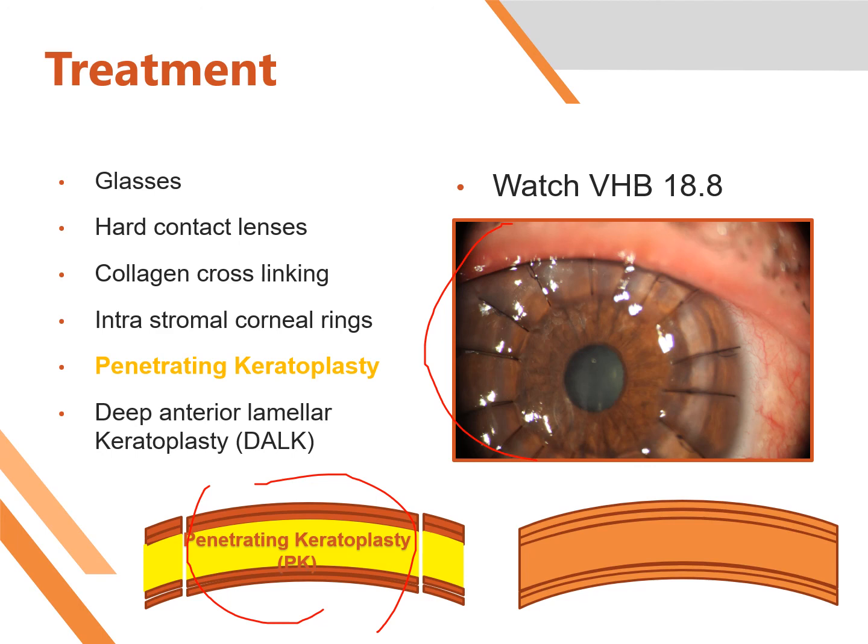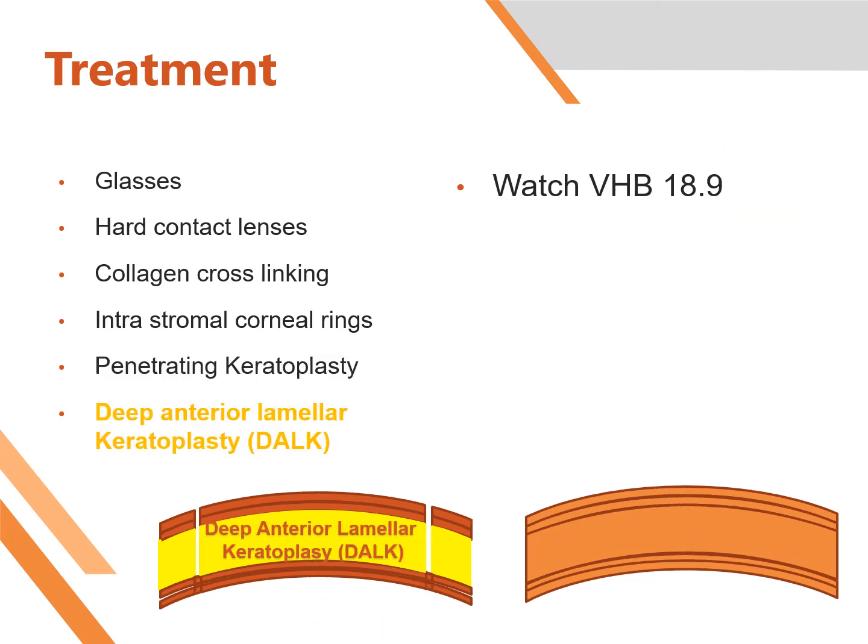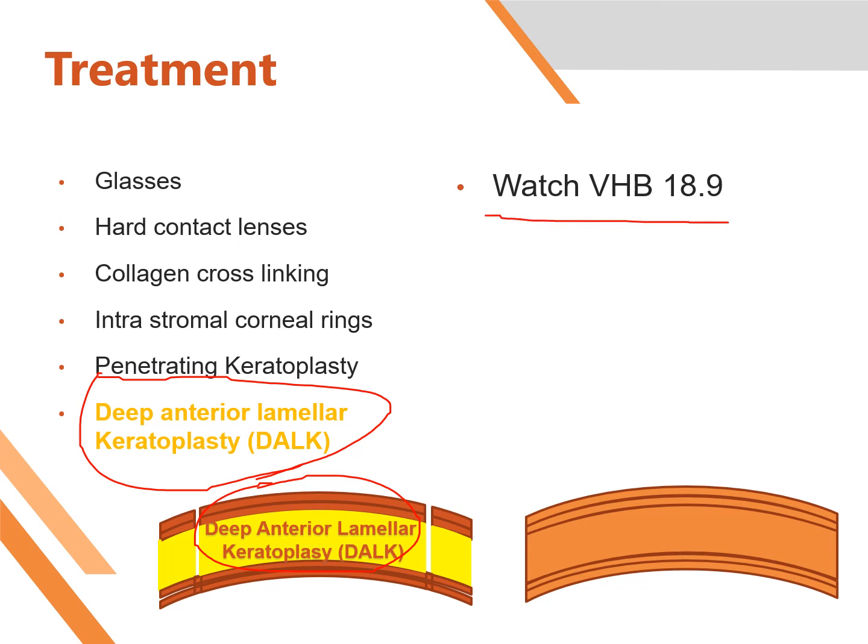You can watch the video in section VHB 18.8, and you can also see it in a keratoplasty section. Another very good and the latest option for surgery is DALK, which is deep anterior lamellar keratoplasty. Here, instead of all the 5 layers, you only take the top 3 layers and replace them in the patient. You can see that in the video VHB 18.9.